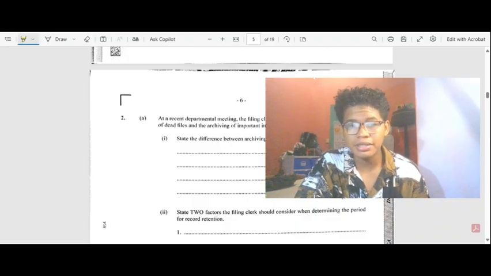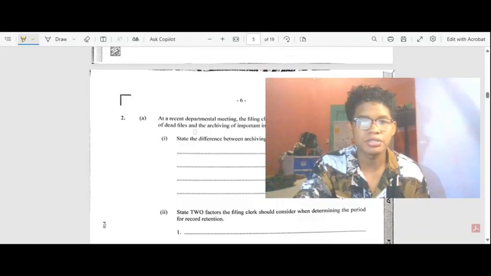So at a recent department meeting, the filing clerk recommended the need for the disposal of dead files and the archiving of important inactive files. State the difference between archiving and disposing of files.